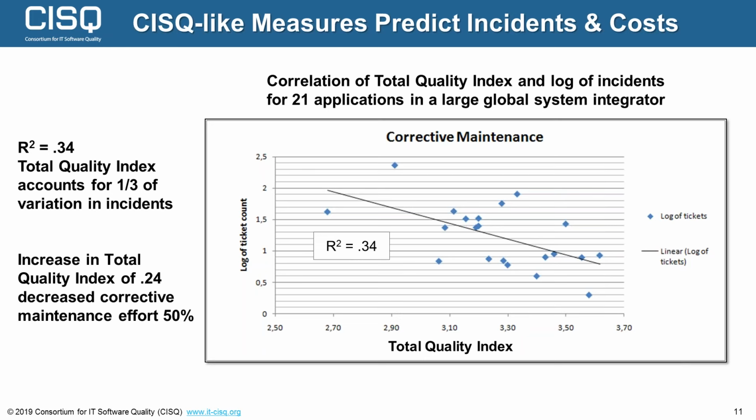In fact, in this particular study, they realized that if they could improve the quality score, and you can see they've got basically a 1 to 4 scale, if they could increase it by 0.24, they could cut maintenance costs by 50% because the software was so much easier to work with, especially when you look at maintainability. Changes in maintainability have a tremendous impact on the cost of working with software. Next slide, Tracy.